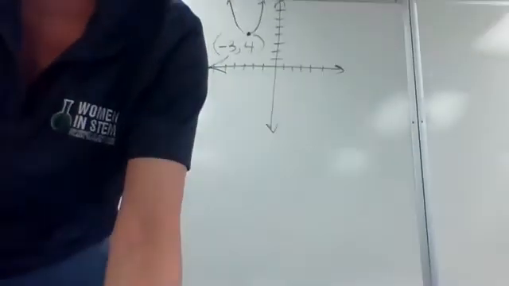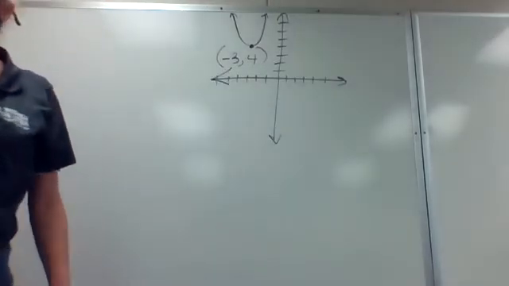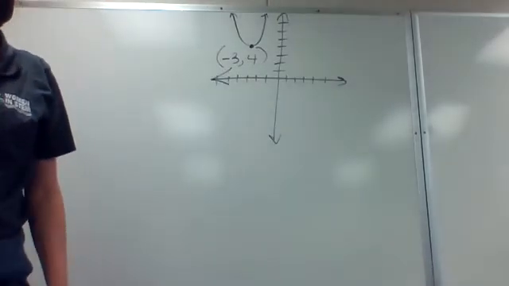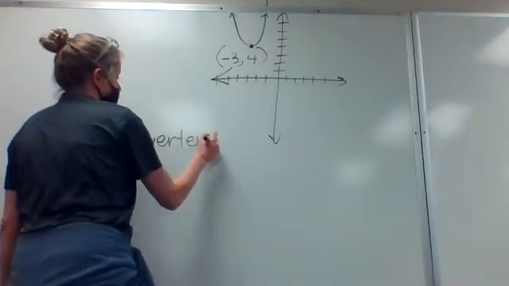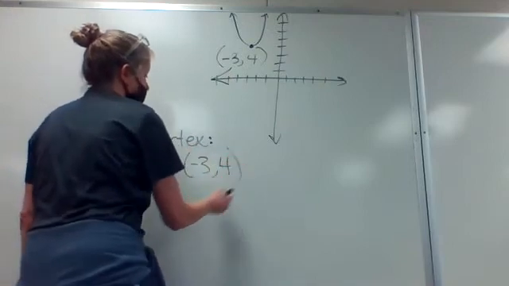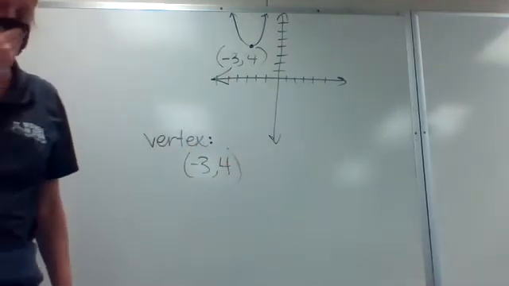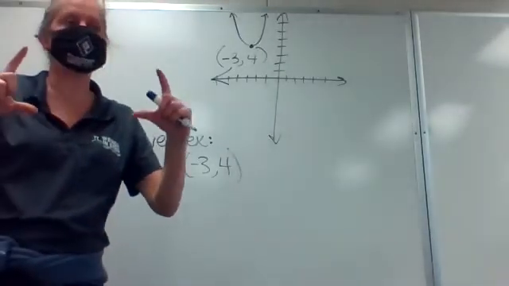It just comes out and tells me that. And the first question is, what's the vertex of the parabola? So I don't even have to do any work here. It tells me that the vertex is -3, 4. And the vertex is a point, so it is an ordered pair.